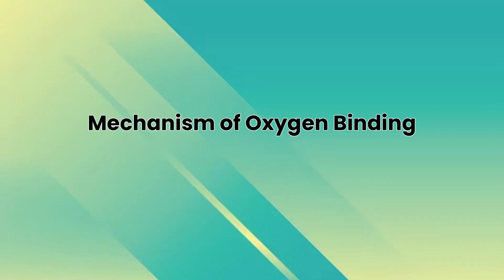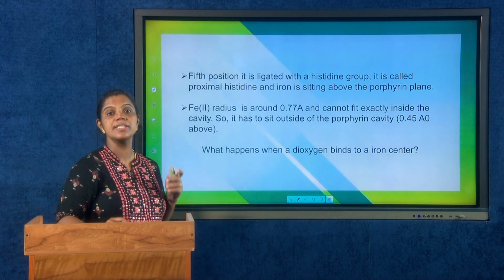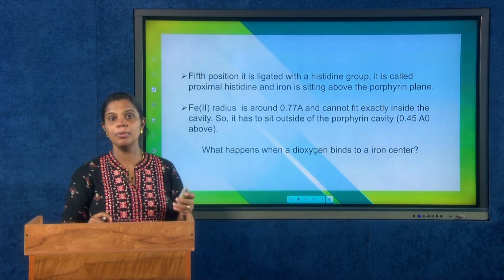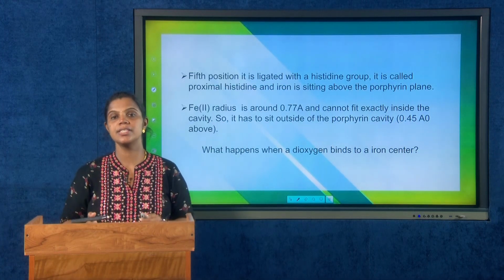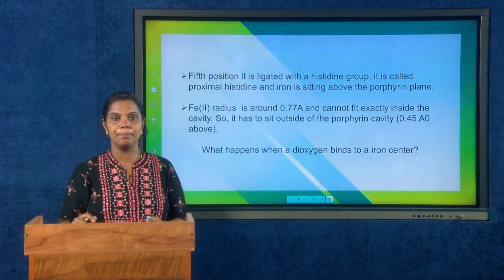Now, let us see the mechanism of oxygen binding to myoglobin in detail. For this, it's important to understand the structure of myoglobin, which we have already seen. We know that the fifth position is ligated with the histidine group. It is called the proximal histidine, and the iron is sitting above the porphyrin plane.